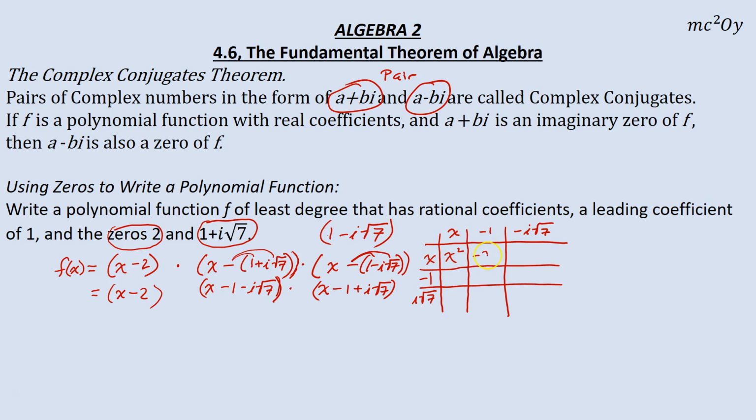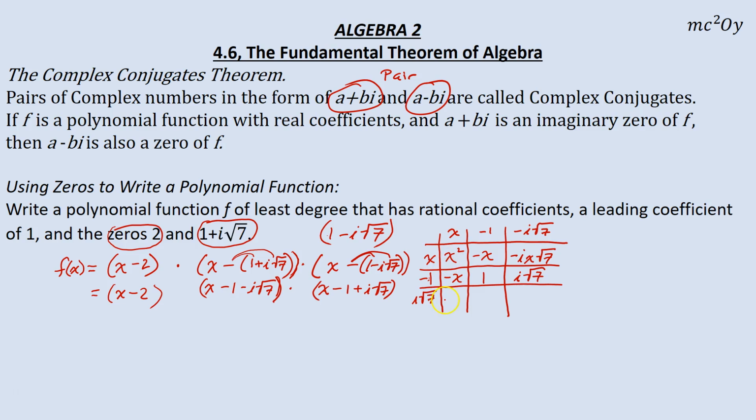X times negative 1, negative x. X times negative i root 7 is negative i x root 7. Negative 1 times x, negative x. Negative 1 times negative 1, positive 1. Negative 1 times negative i root 7 is positive i root 7.